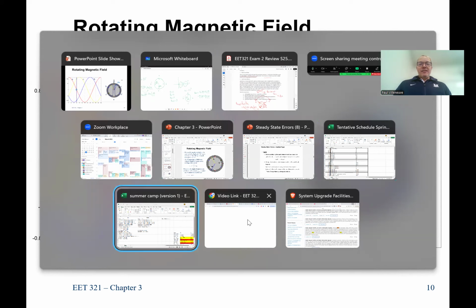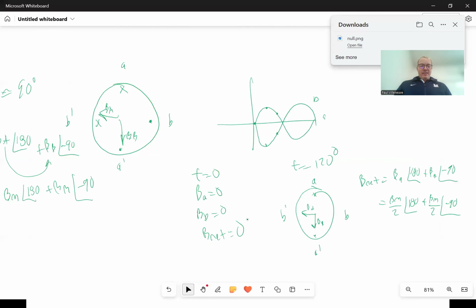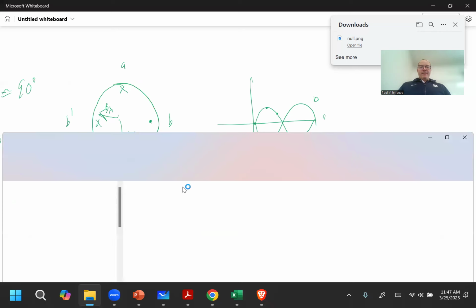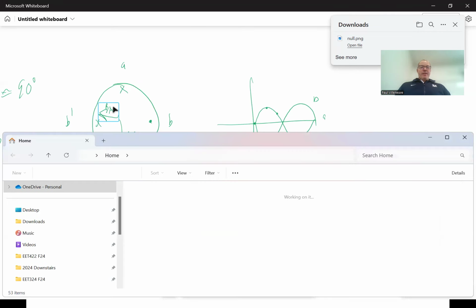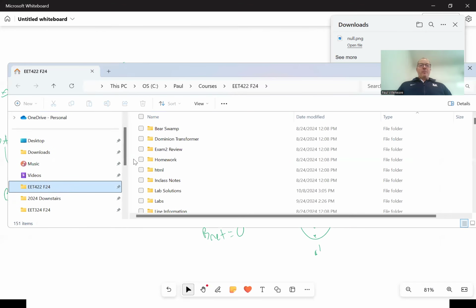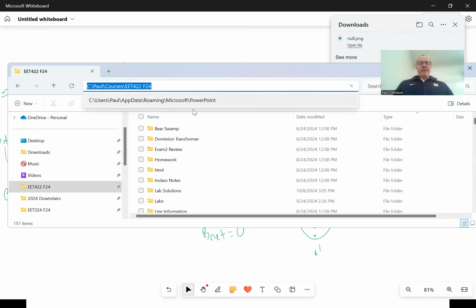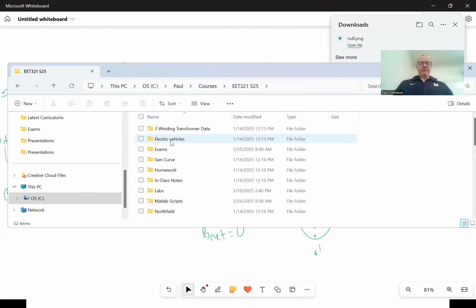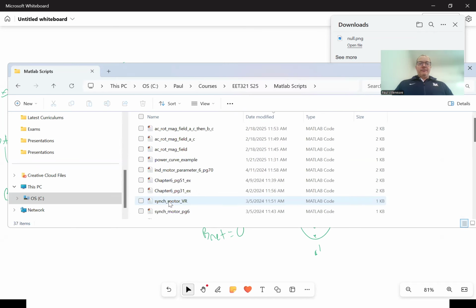I must have closed it by accident. But if you look under our MATLAB scripts, which I know you don't super care about too much, AC rotating magnetic field.